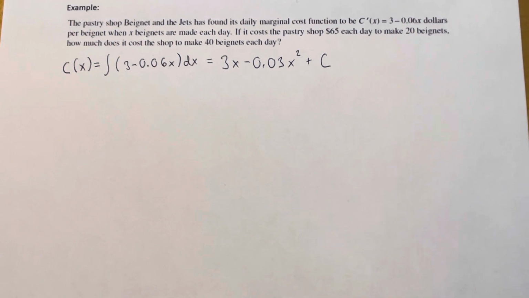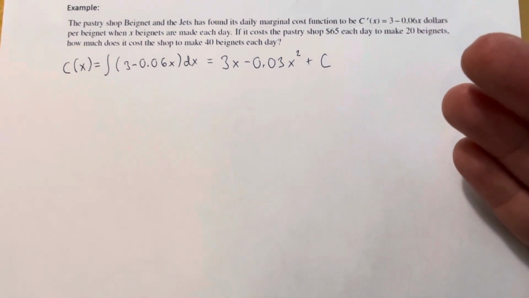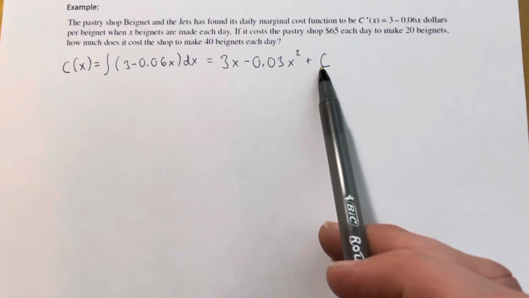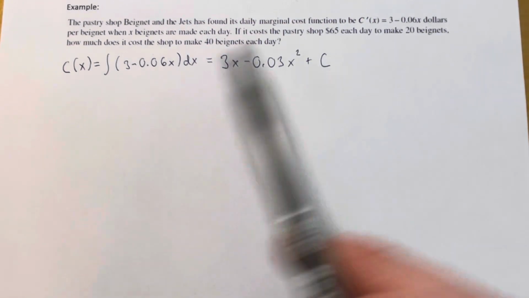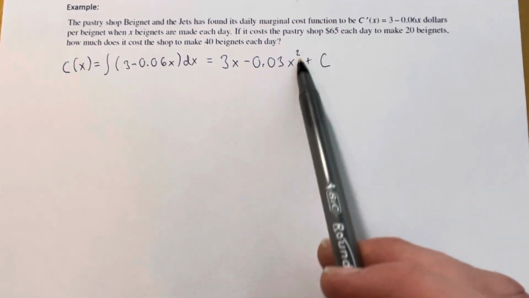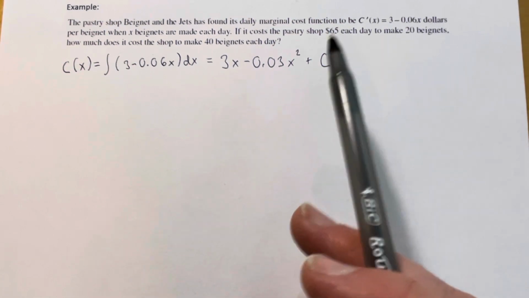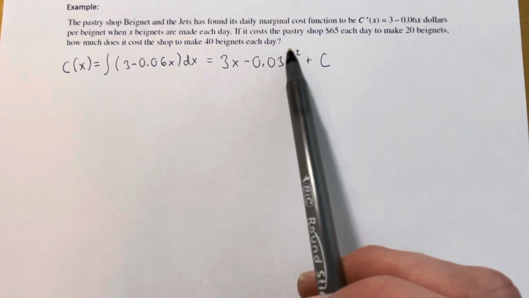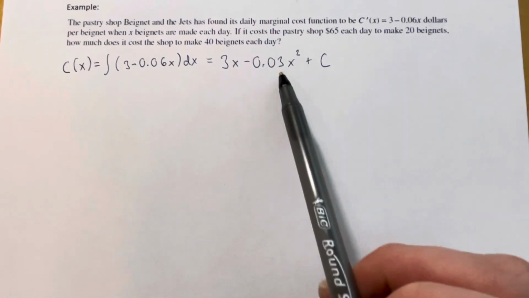Okay, so that's my most general antiderivative, but it's not the exact cost function for this case because I need to narrow it down to a specific function if I want to be able to use this cost function for anything. And that entails finding this C here. So like the previous couple of examples, we can solve for this constant of integration using those initial conditions. In this problem, we have to search through the description to find that initial condition.